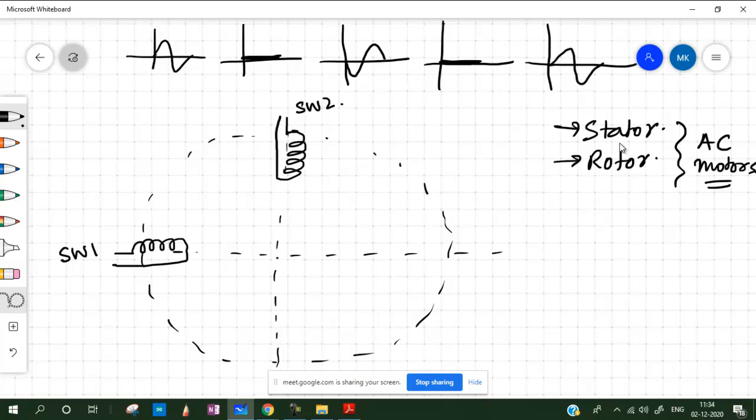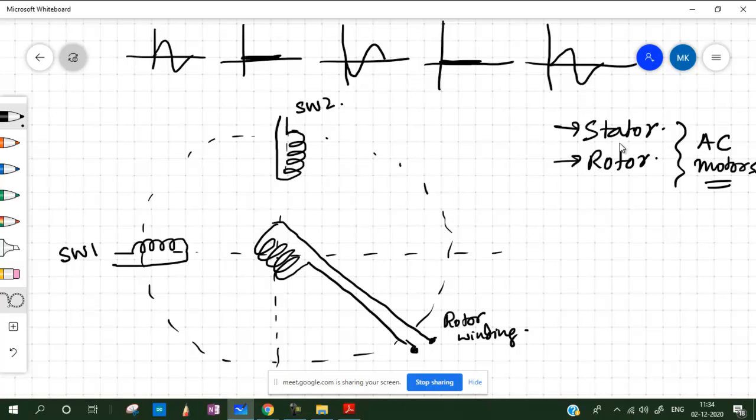So the coil is wound on the rotor in such a way that I'll just mark one of the positions. Something like this. So this is your rotor winding. Alright, so let's say this makes some angle theta with the stator, and obviously with this it may make 90 minus theta.